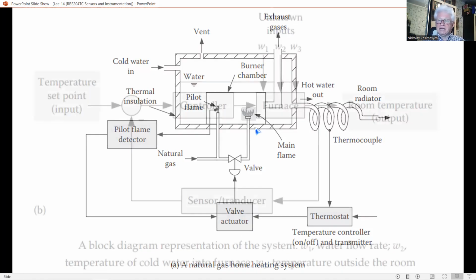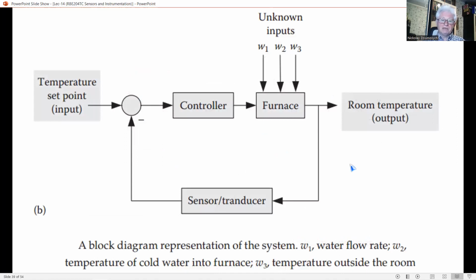Better results can be obtained by measuring these disturbance inputs and using that information in generating the control action. This is feed-forward control.